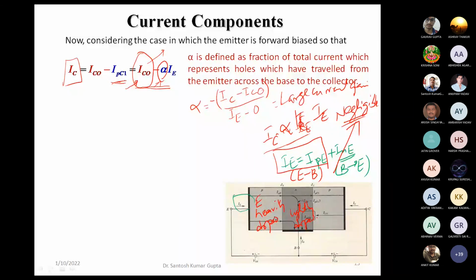So IC is the current when we have emitter current IE, and when emitter current is 0, then we have the corresponding IC current equal to ICO. It is not 0.